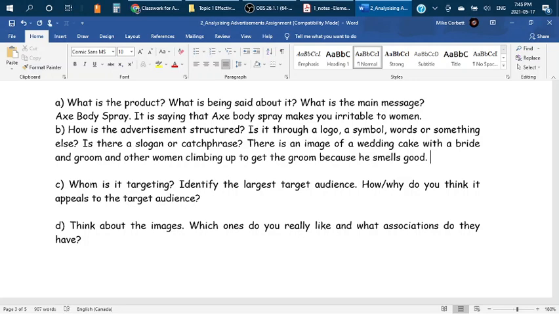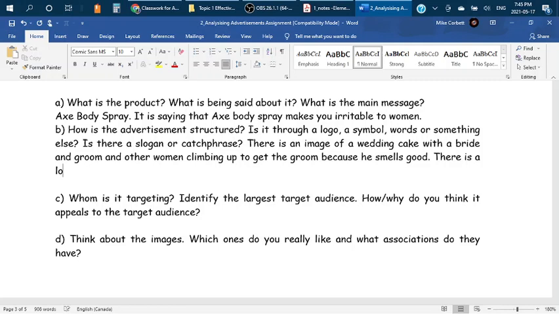That is what it's eventually saying. There is a logo in the bottom right.